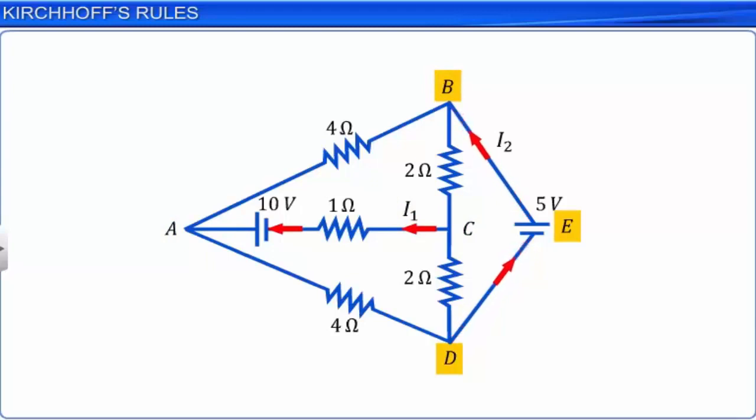Therefore, the direction of I2 is from E to B and D to E. The assumption that we have made for the direction of current I2 may be wrong. In that case, at the end of the solution of the problem, we obtain a negative value for I2. Then, we change the direction of I2 and write the answer.